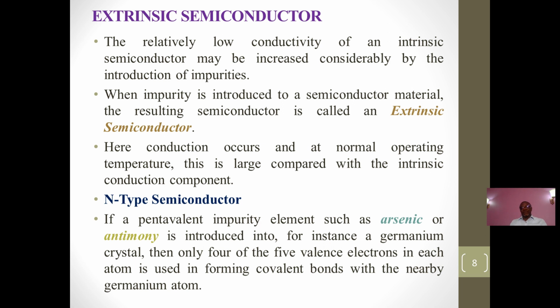The resulting semiconductor out of that introduction of impurity is called an extrinsic semiconductor. And we say that at this point, conduction occurs at normal temperature without being energized separately. That is what we mean by normal operating temperature.